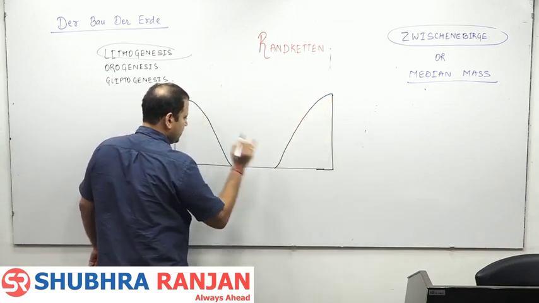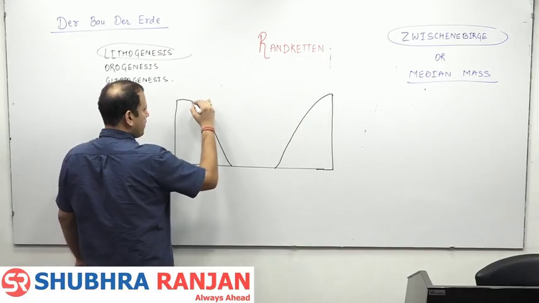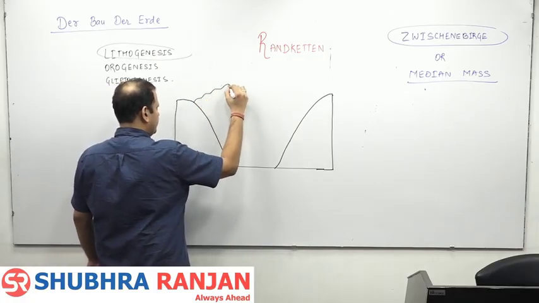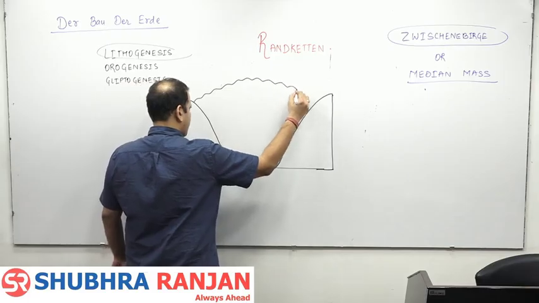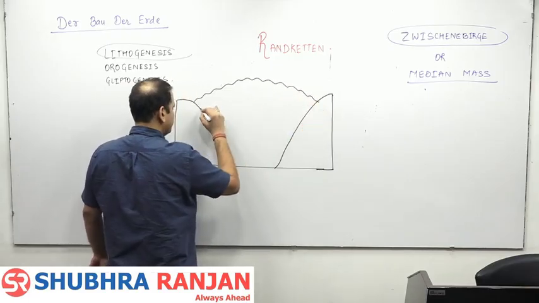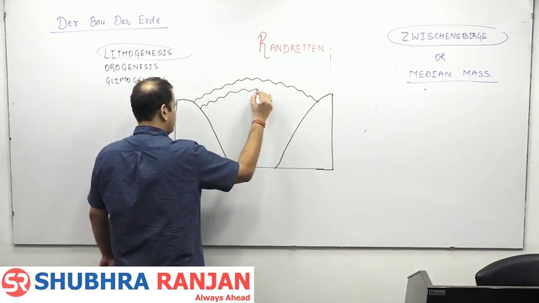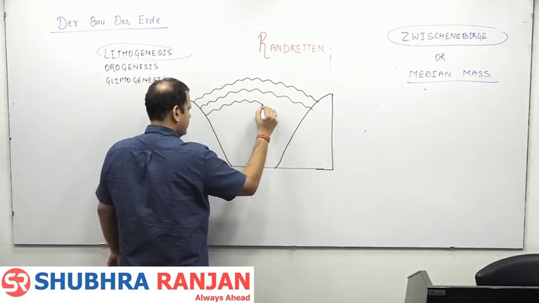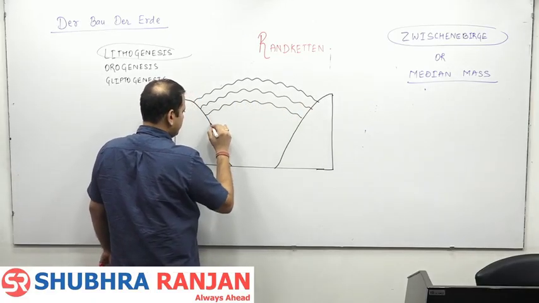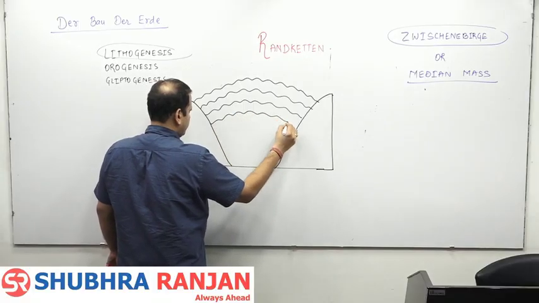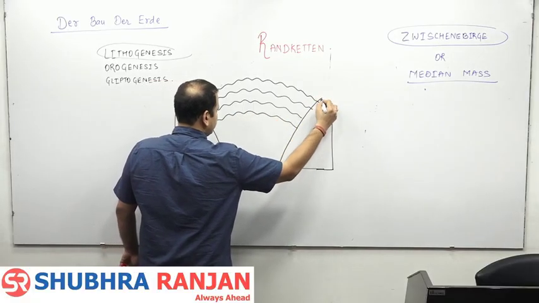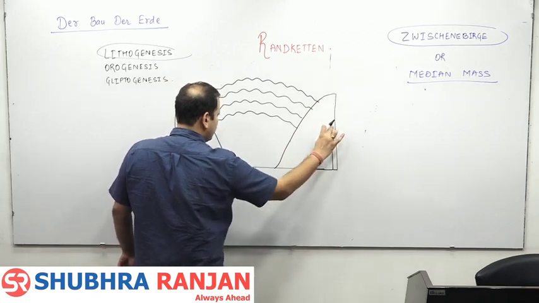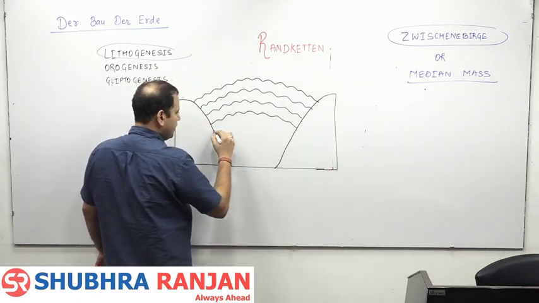See, the diagram has changed. We have just seen in the video that the entire mountain is folded, not only the upper part.